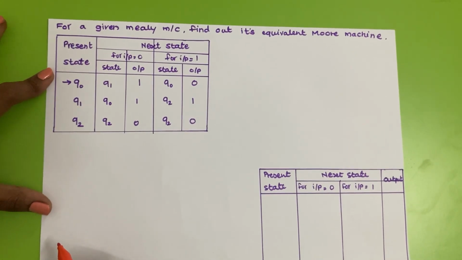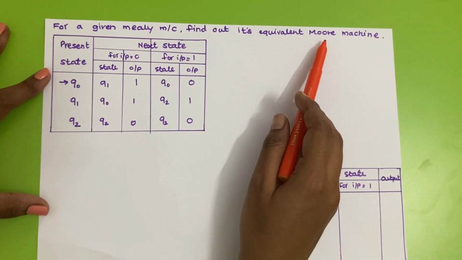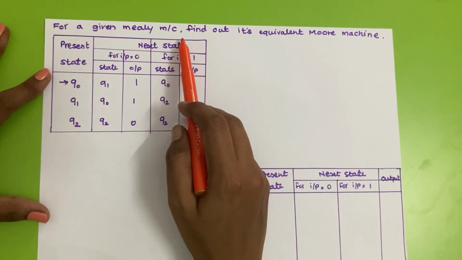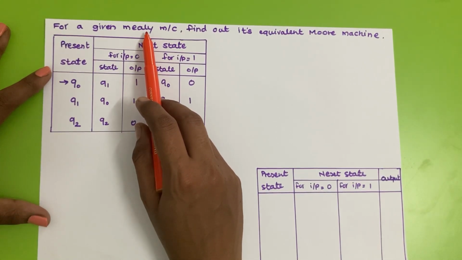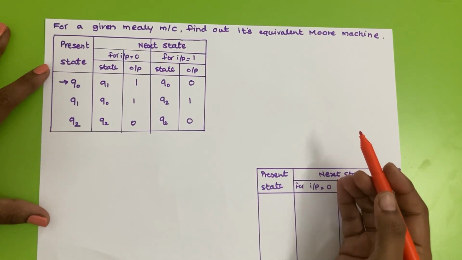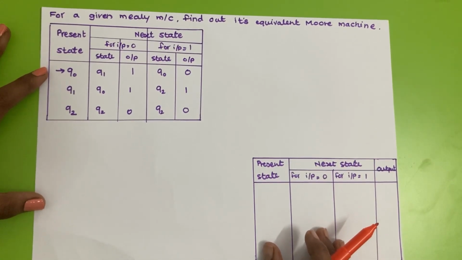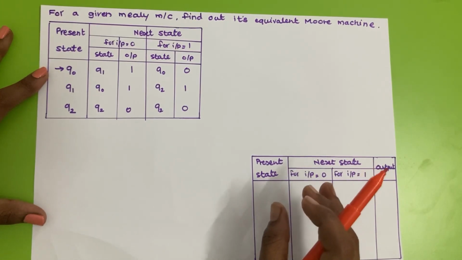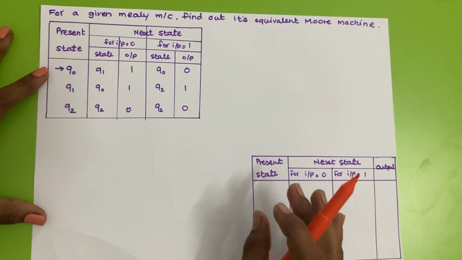Now this time we are converting Mealy machine to Moore machine. Last time we converted Moore machine to Mealy machine. That was quite easy, but for conversion of Mealy machine to Moore machine, the number of states may increase during conversion, because we already know that in a Moore machine the output symbol is in the state itself, because each state has its particular output symbol.